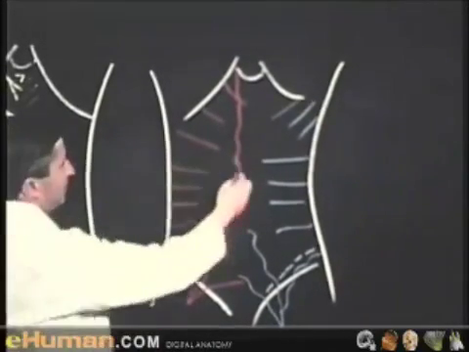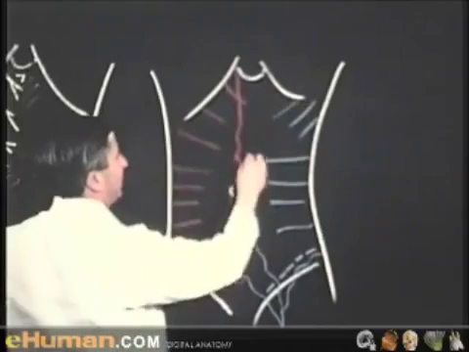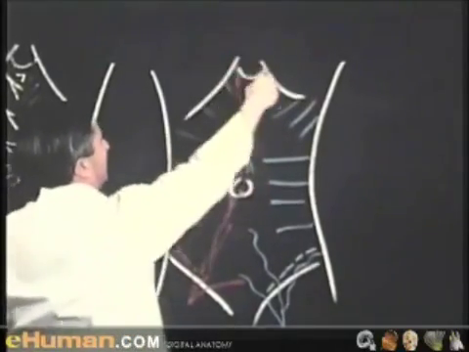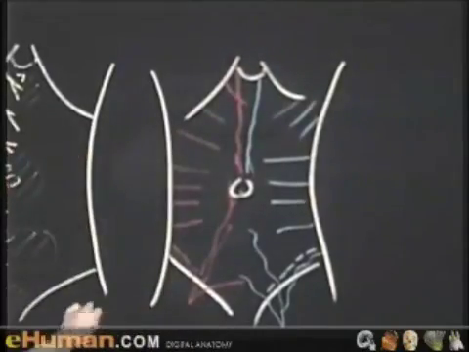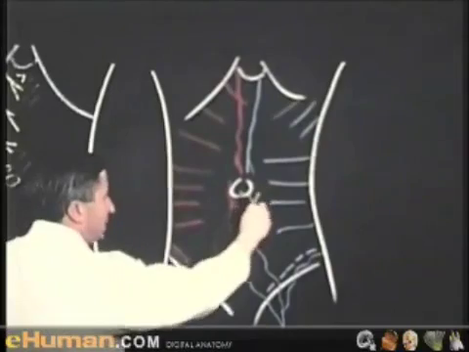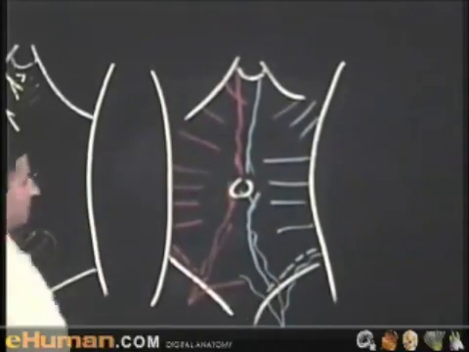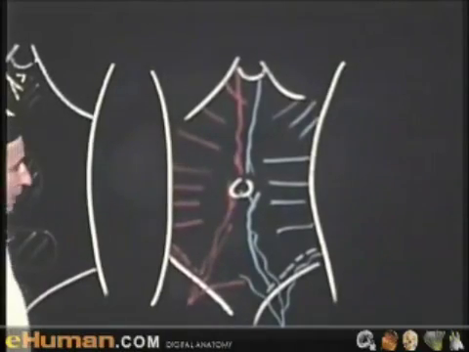Now, lying in the rectus sheath, we have running up here the superior epigastric vein, which goes into the internal thoracic vein and so drains up to the subclavian vein. And down here we have the inferior epigastric vein, which drains down into the external iliac vein.